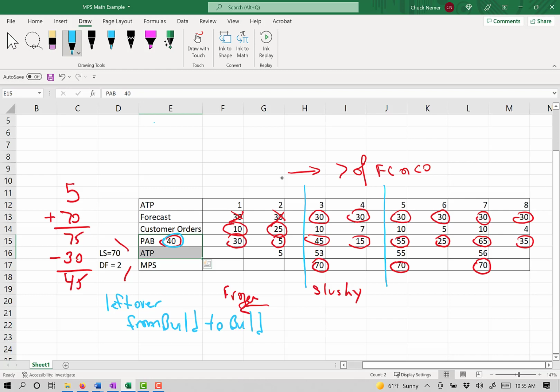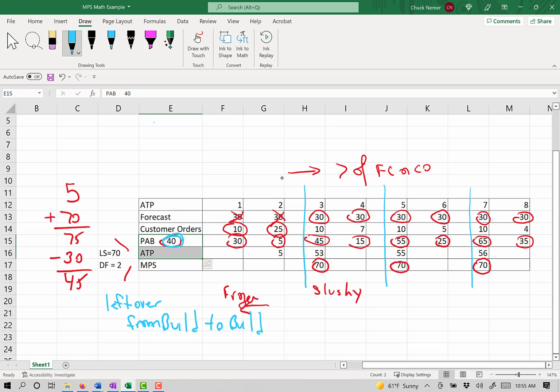The 70 in period 5 has to last until the 70 comes in period 7. Now, when we're looking at leftover from build to build, we're talking about customer orders. Where master production schedule, we schedule based on forecast and customer orders. We're trying to prepare for what could be. Available to promise looks at what is today. So it's only interested in customer orders so we can make effective promises to the customer.